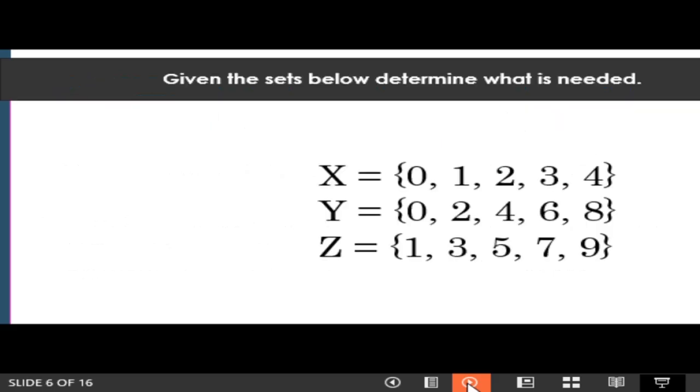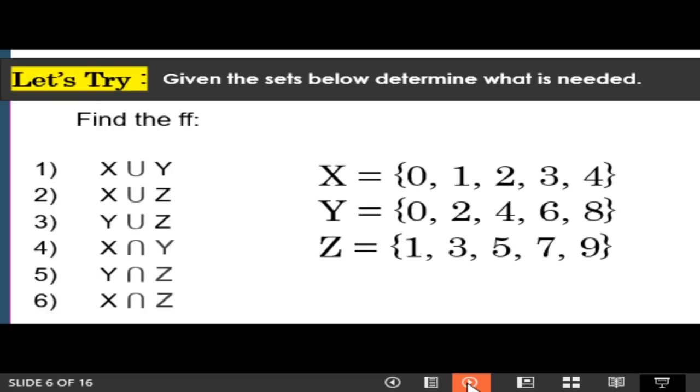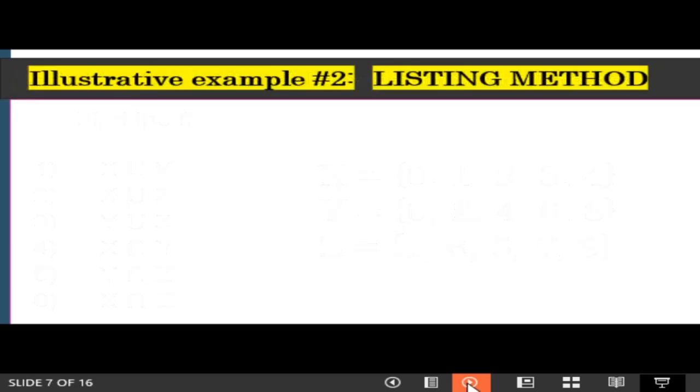Let us try another example. Given the sets below, determine what is needed. As you notice, we have 3 sets: set X, set Y, and set Z. Let us find the union of XY, XZ, YZ, and their intersections. Let us answer it one by one using a listing method.